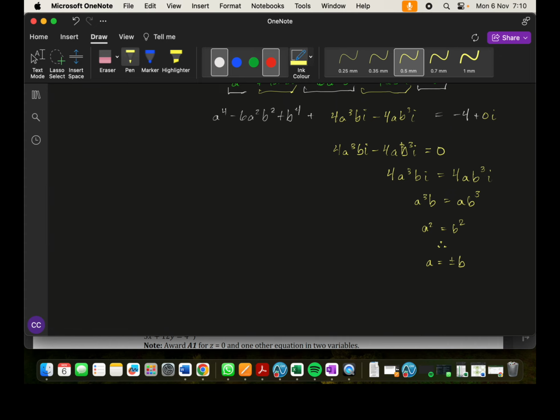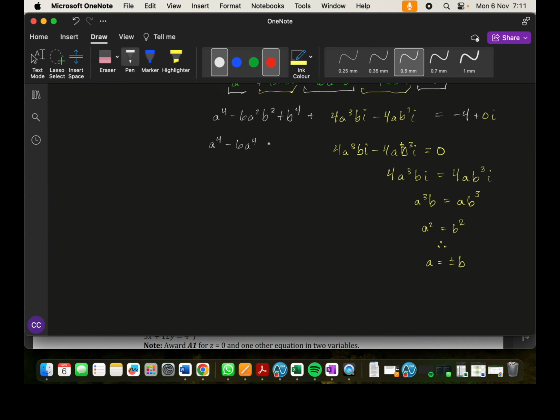Using those values and subbing that back into my equation for the real parts, I would end up with a to the 4th minus 6a to the 4th, because b squared doesn't matter whether I use the positive or negative value. When I square it, it just becomes a squared, so that's fine.